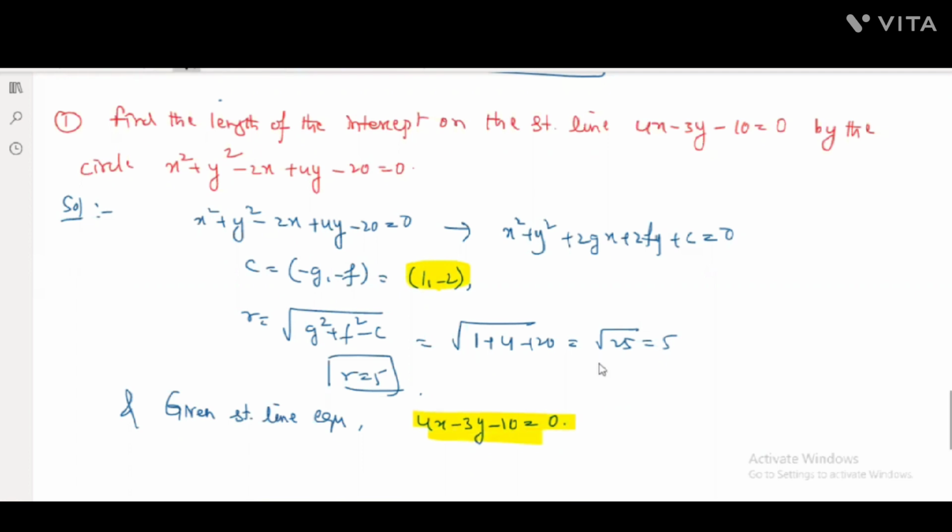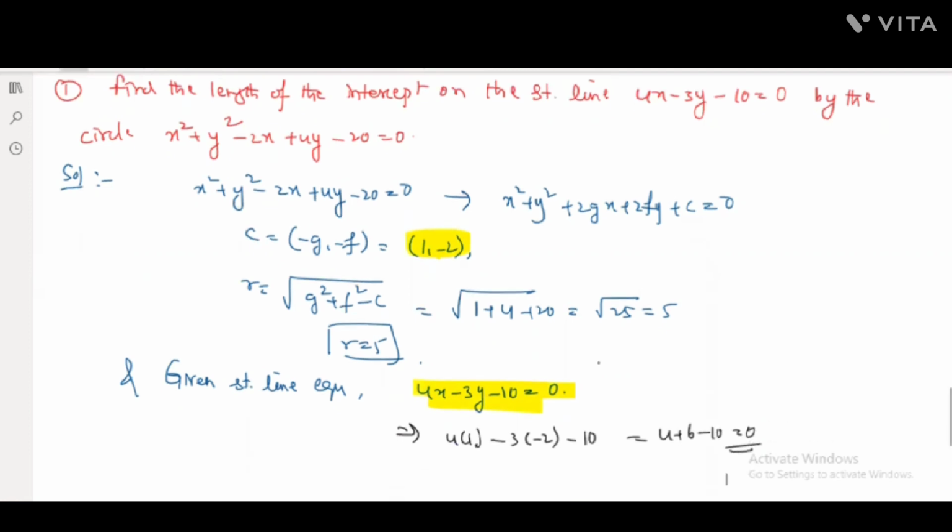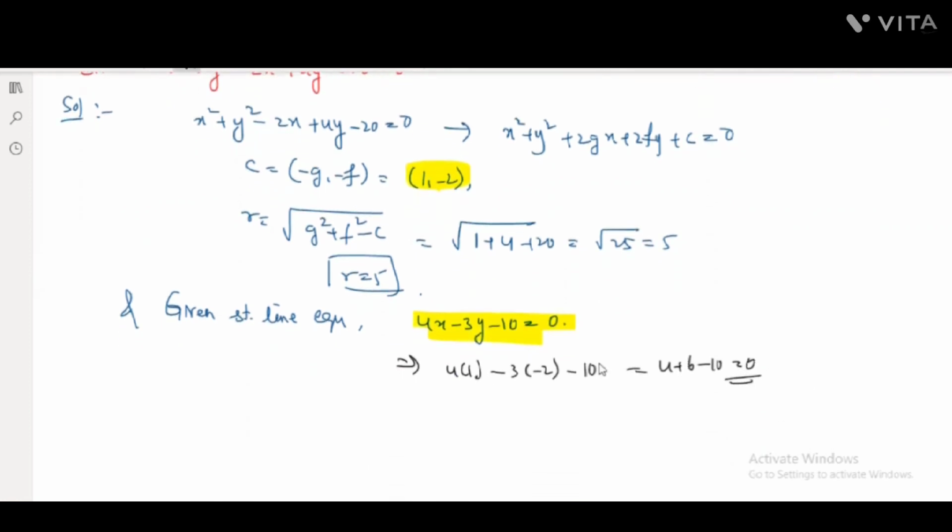If we substitute in that line, it will become 4 into 1 minus 3 into minus 2 minus 10. So that is equal to 4 plus 6 minus 10, which is 0. So it is satisfied. That means the line 4x minus 3y minus 10 is equal to 0 passes through the center of the circle.